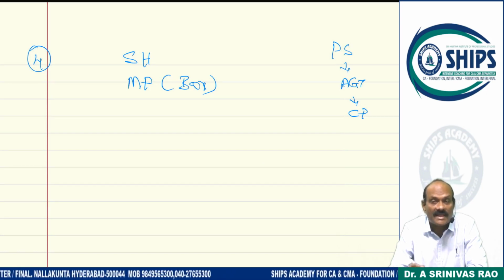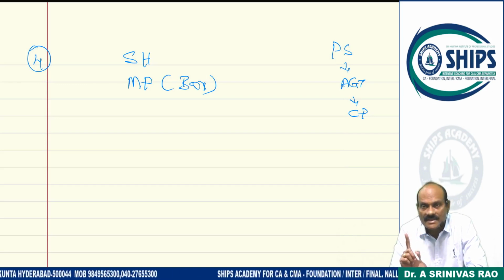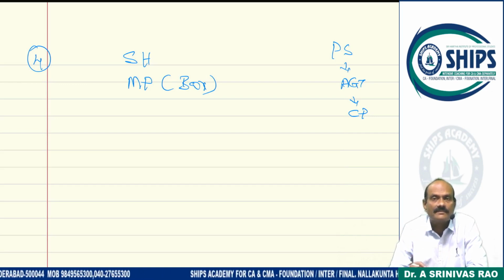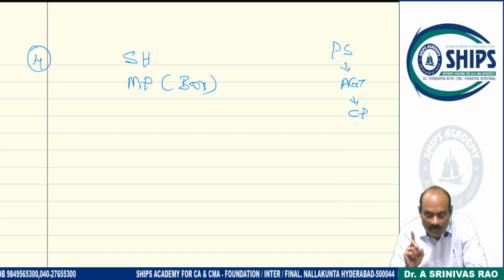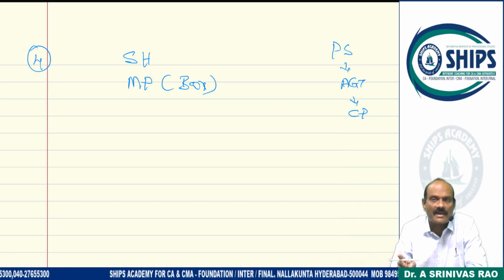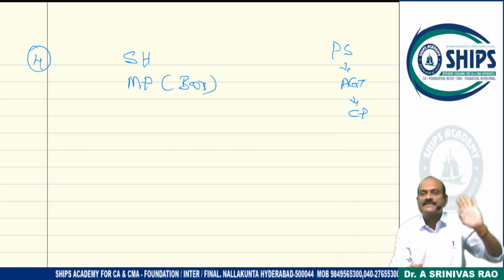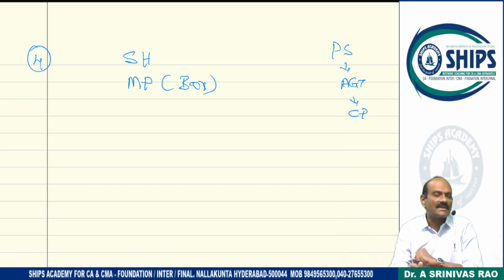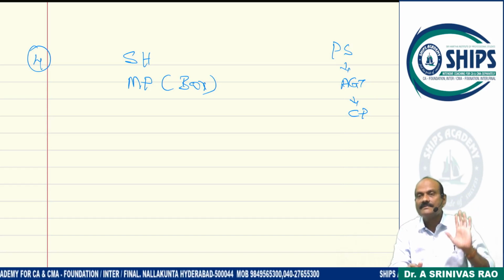Until incorporation only, the company is dependent on the promoter. Once incorporated, it has a separate entity distinct from its members. Even the death of all the members of a company will not affect the company.